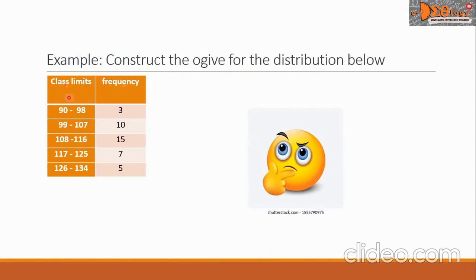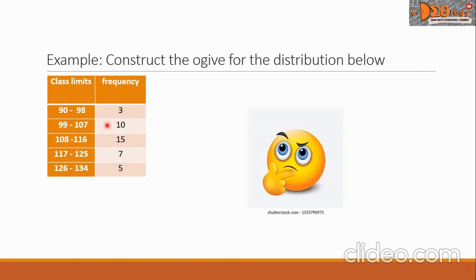Here we have two columns. The first column is for the class limits. We have 1, 2, 3, 4, 5 classes in here. The next column is for the frequency. A frequency of 3 for the first class, 90 to 98.